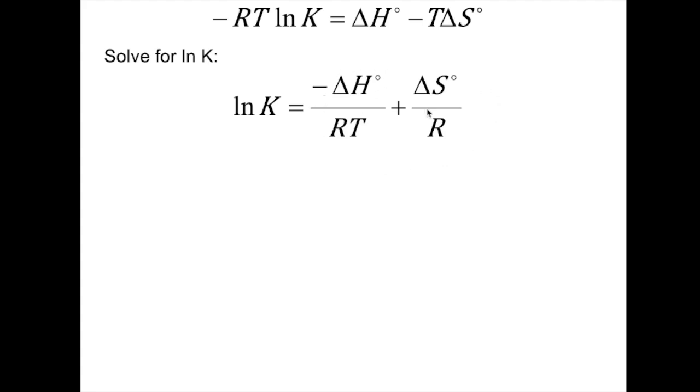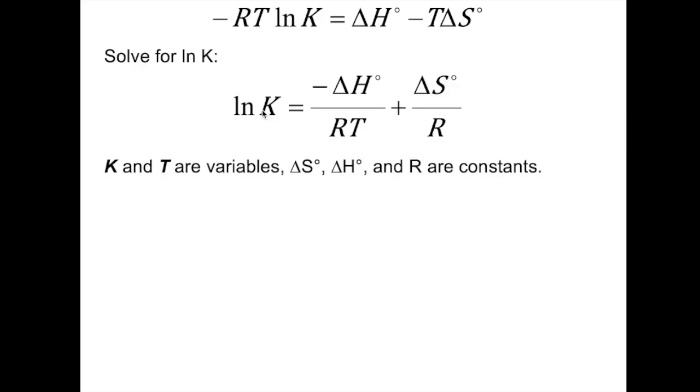If you notice, the two things that are variables here are my K and my T. I'm assuming delta H naught and delta S naught and R are all constants, right? We're saying that these are going to be constant with temperature. This is also at a constant pressure too, right? At some constant pressure, we're making this assumption or this measurement.